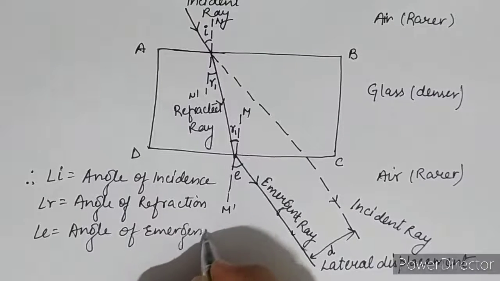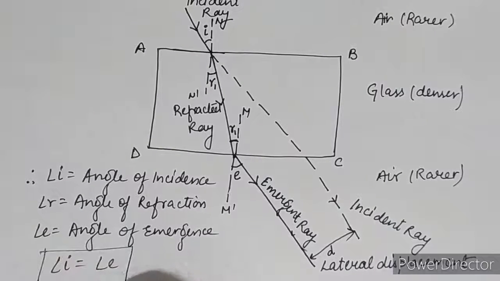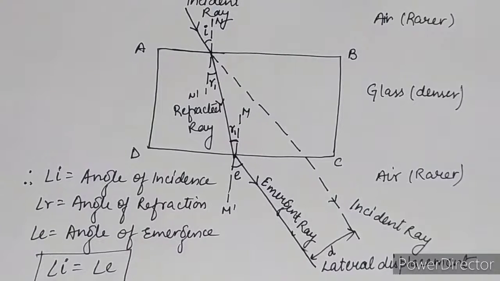And always remember that angle I is equal to angle E. Angle I is always equal to angle E. So this is about the emergence, beta, and through this we are able to understand the refraction through a glass slab.